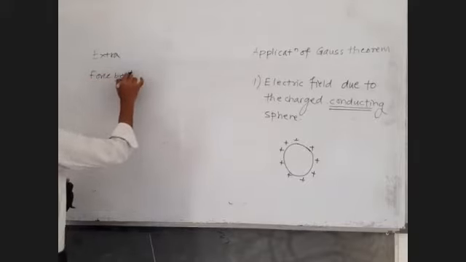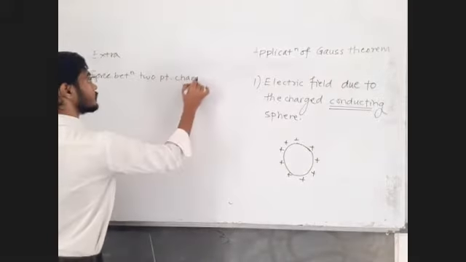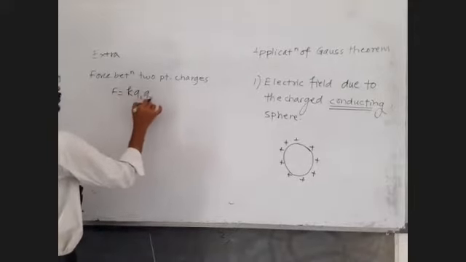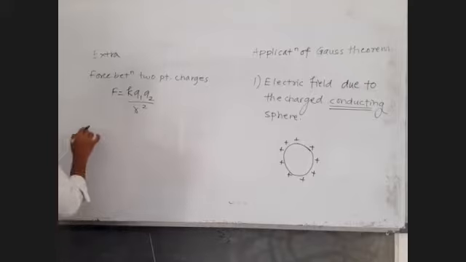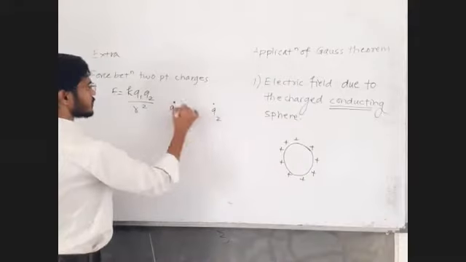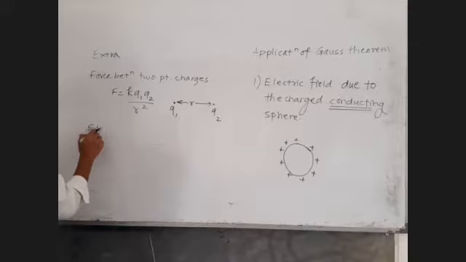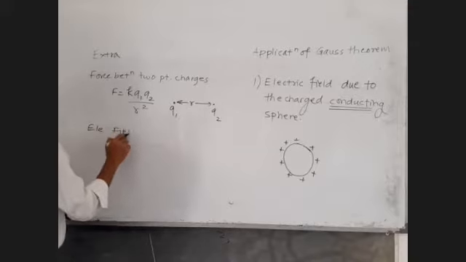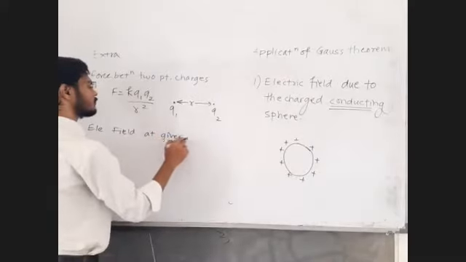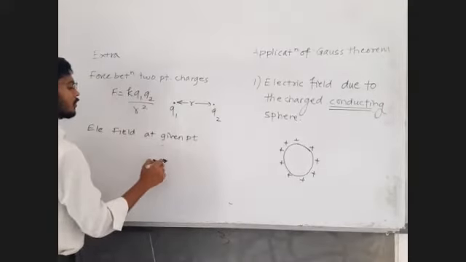If I ask force between two point charges, what is that? It is K, Q1, Q2 upon R square. Okay, that's a different concept: first charge, second charge, distance between them R. Electric field at a given point, how to find out?